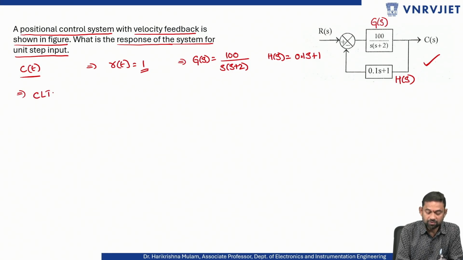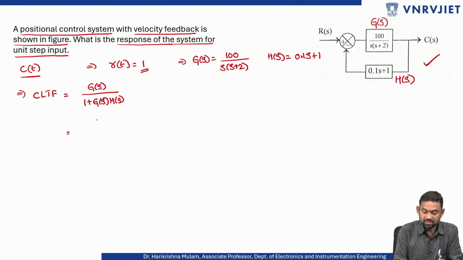The formula is G(s) by 1 plus G(s)H(s). G(s) is 100 by s into (s plus 2), which can be written as s square plus 2s, divided by 1 plus 100 by s square plus 2s into H(s), which is 0.1s plus 1.